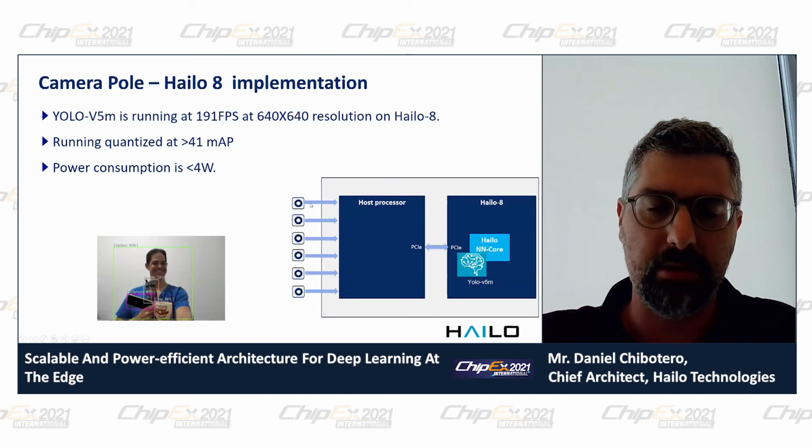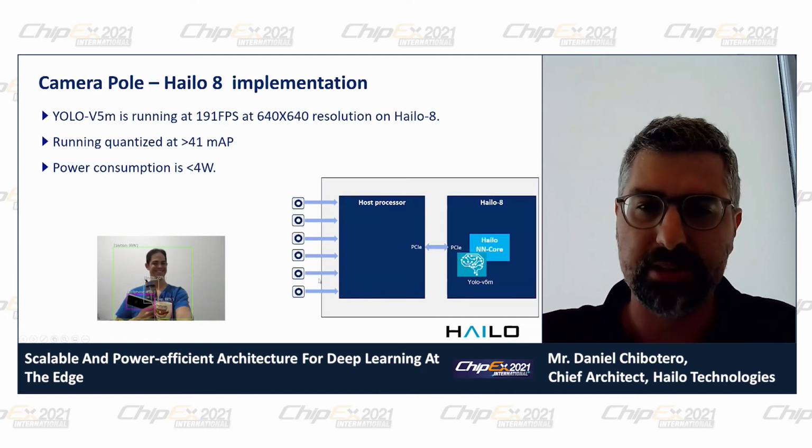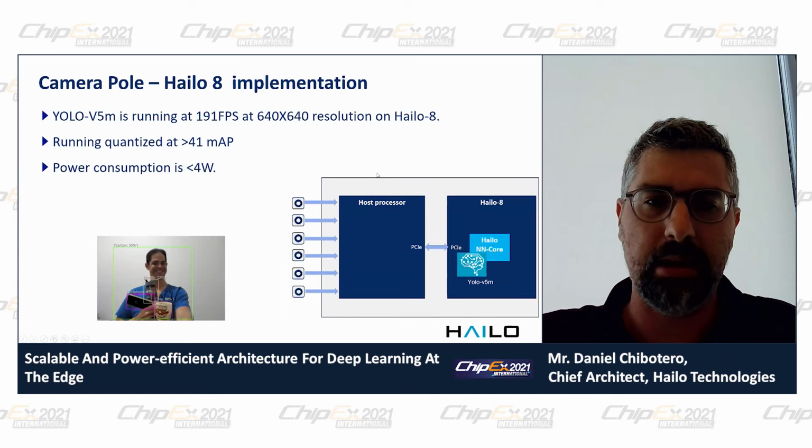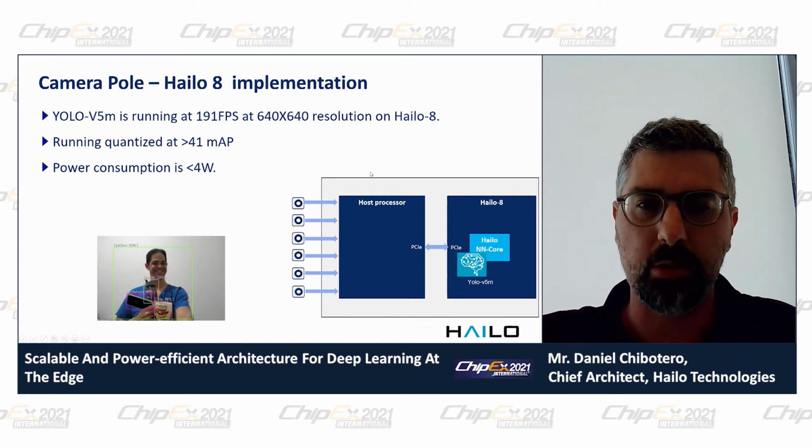So using a host processor, 6 cameras, and the Hailo 8, and the YOLO V5M network deployed to the Hailo 8, we are able to achieve these product requirements for this specific product. So we are running YOLO V5M at more than 190 FPS on the Hailo 8 with a power consumption that is lower than 4 watts.